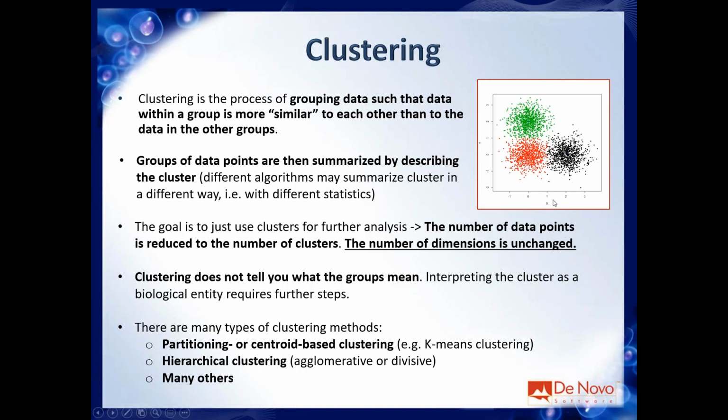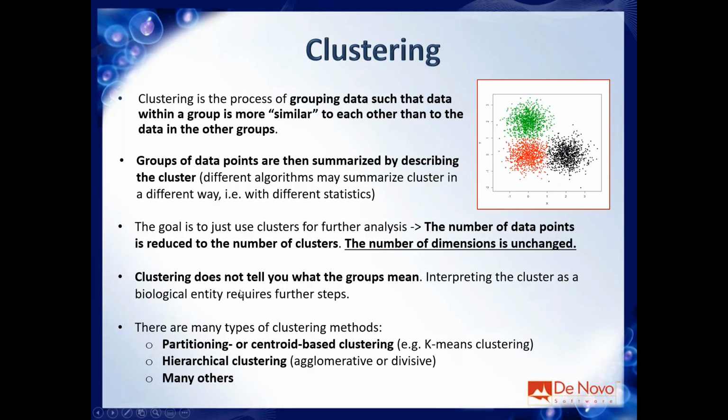If your data files contain 20 dimensions, at the end of the clustering you're still dealing with 20 dimensions. So each cluster still exists in the multidimensional space. This is very important to keep in mind. Clustering is not aimed to reduce the number of dimensions. Of course, you can do that, but that's a further step.